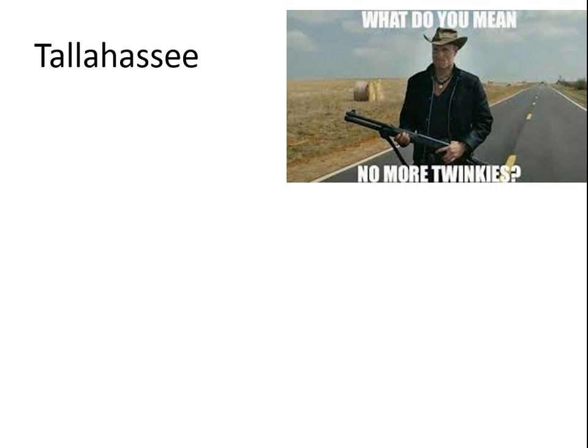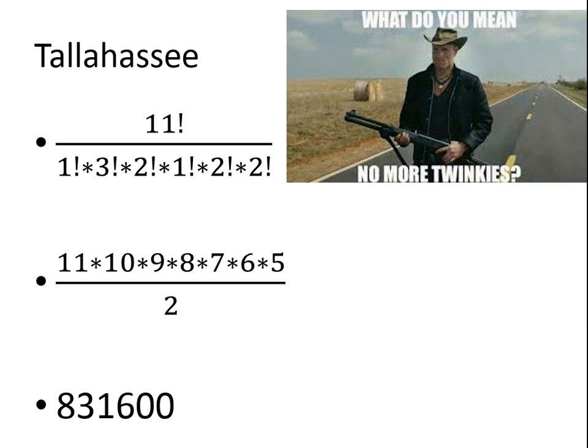Okay, so now we can take this and apply it to words and names. Let's say we have the name Tallahassee. If I wanted to see how many ways I can organize the letters of Tallahassee, first we have to count how many letters there are total, and then you want to count the repeats. In this case, we have 11 total letters.